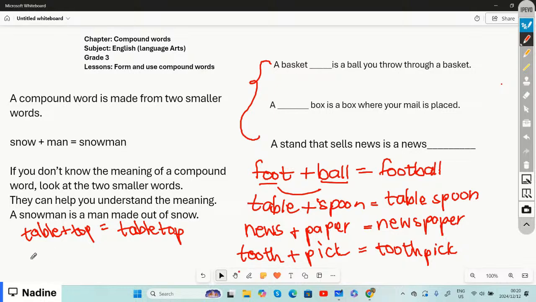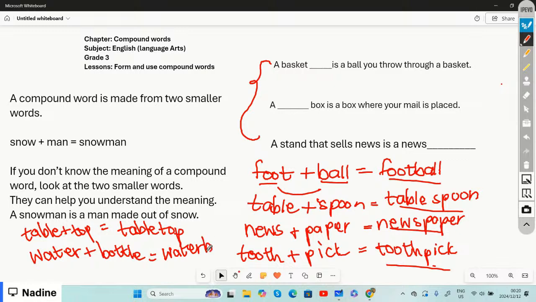Yes, we have water plus bottle. Remember, it is words that, if you write it, need to basically make one word. Okay, tablespoon is two words, but still. So we have water, bottle.